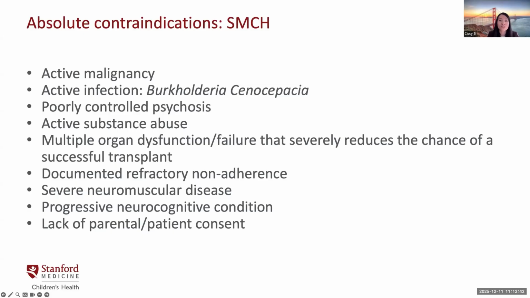Children who have poorly controlled psychosis or active substance abuse. If there's multi-organ dysfunction that is progressive and they are not a multi-organ transplant candidate. If there is evidence of refractory non-adherence. We do not offer transplantation for progressive neurocognitive decline or severe neuromuscular disease. And if the patient and family do not consent for transplant, we would not offer.